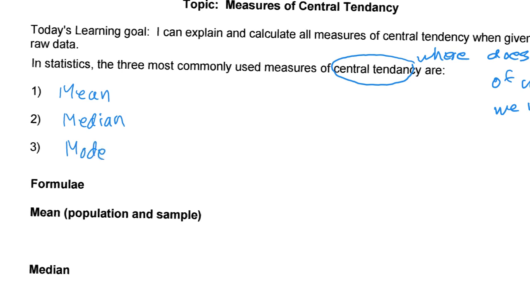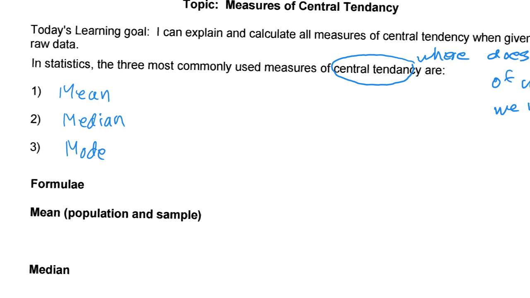Now, these three things are going to be your best friend when we do statistical analysis. For a lot of the stuff that we're going to be studying will require either the mean, median, or mode in later distributions that we will study at the end of the course.